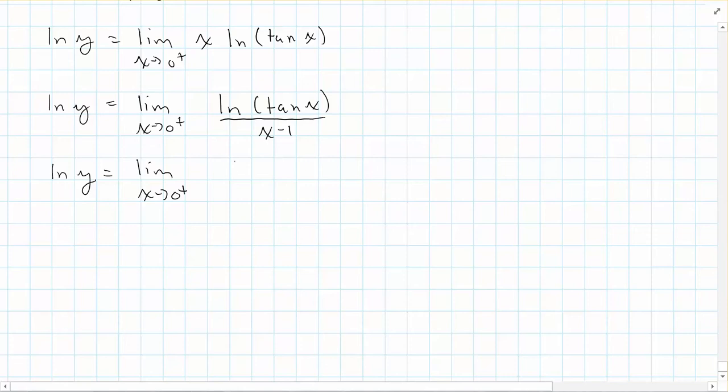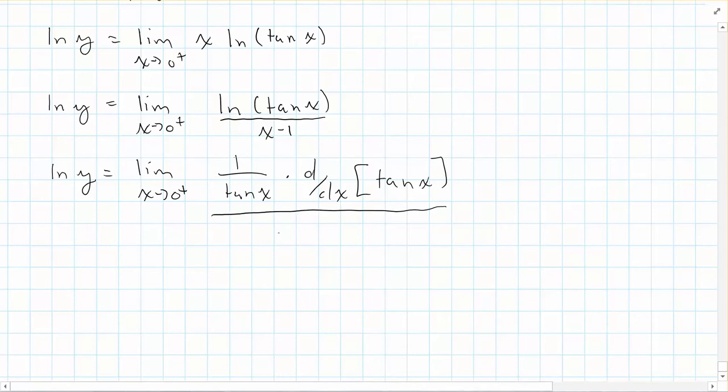Which would be 1 over tangent x times the derivative of the tangent function over x to the negative 2. And so this would be natural log of y is equal to limit as x approaches 0 from the right.